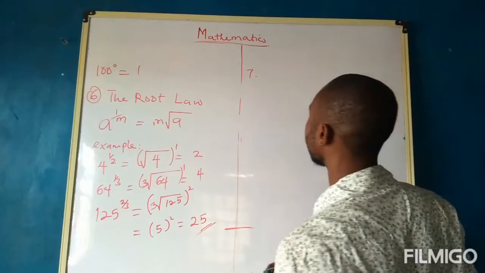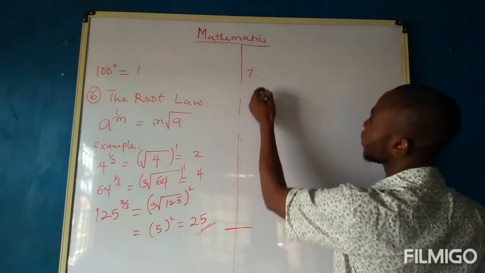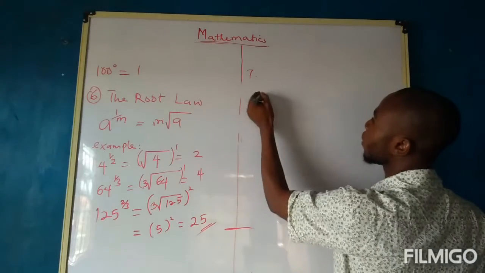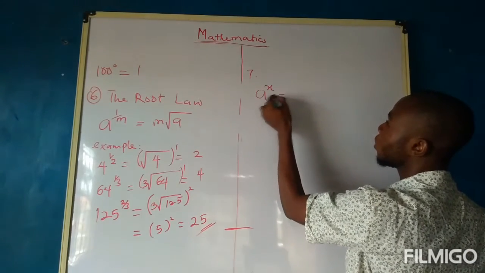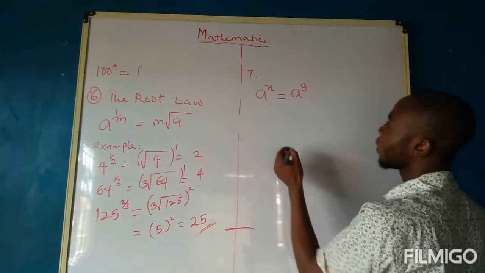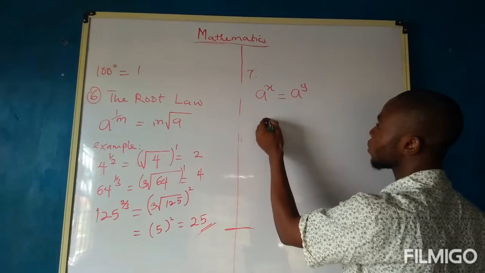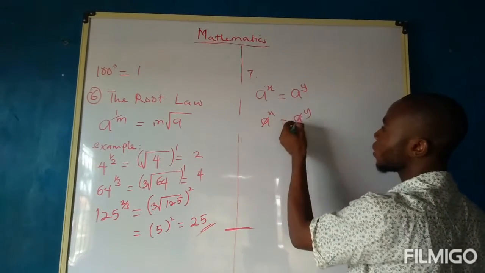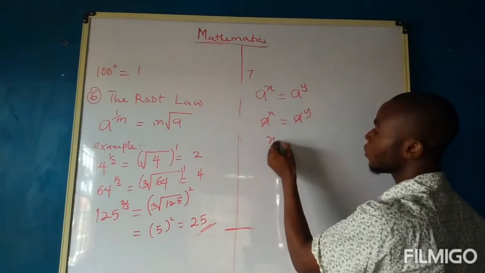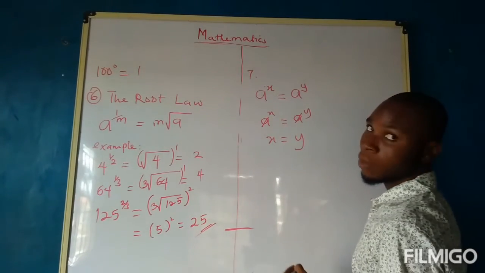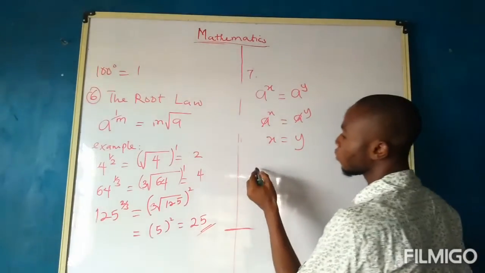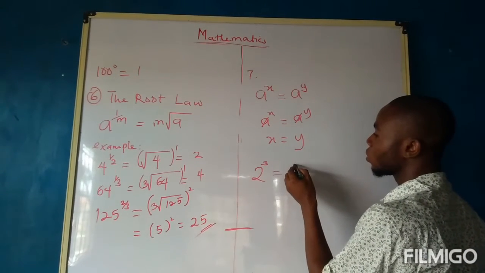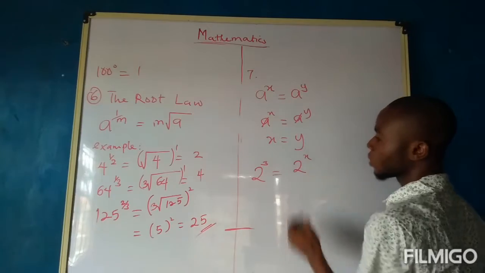Then the last one, before we go further into more examples, I call it the equating the power or equating the bases law. It is when we have a raised to the power x equal to a raised to the power y. We cancel the bases, and that will give us x equals y. So for example, let's say we have 2 raised to the power 3 equals 2 raised to the power x.